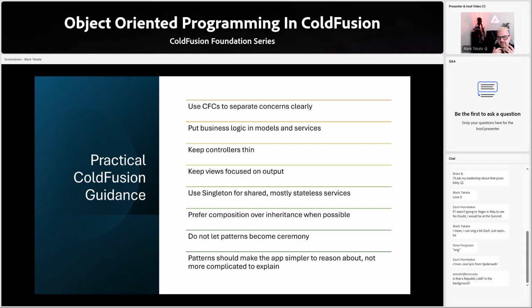But none of this should make it more complicated. It should be the opposite, actually. You should be able to go through and explain piece by piece logically from end to end how your application works. Patterns help you do that. Object oriented programming actually helps you do that.